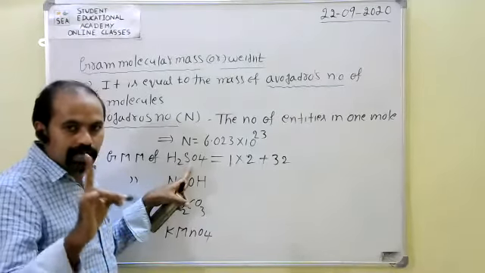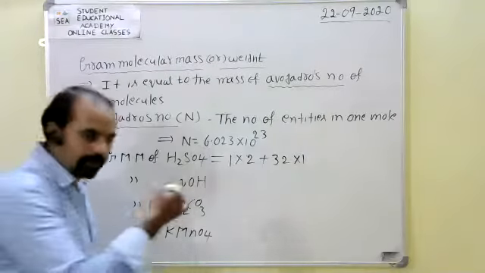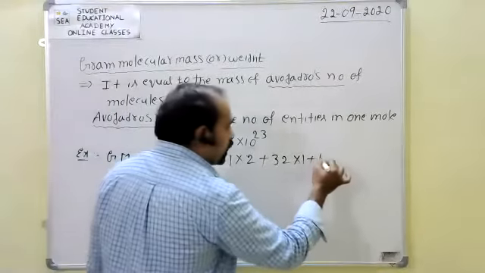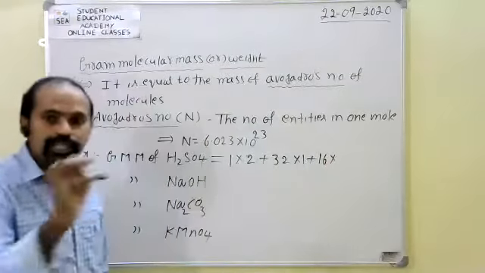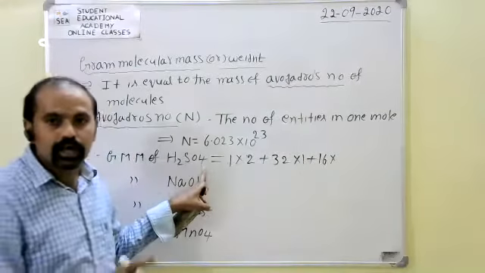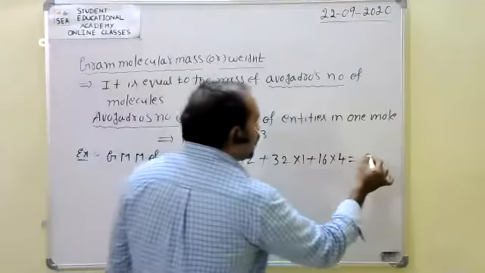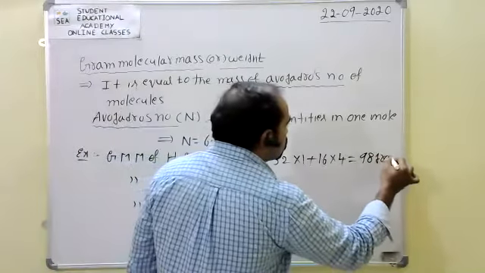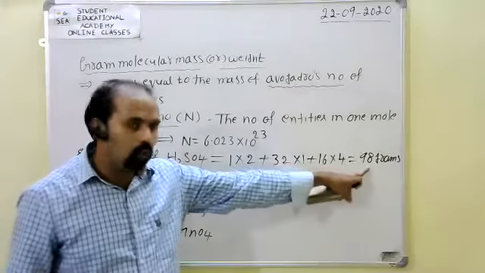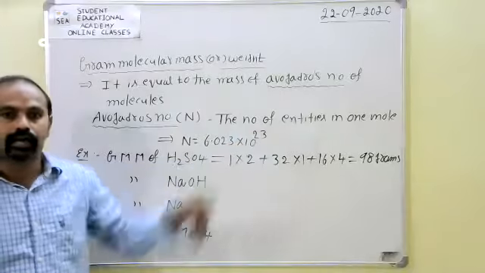Here total number of sulfurs, how many? One only. That is nothing but atomicity. Plus oxygen atomic mass 16 into its atomicity. It is nothing but number of atoms. Number of oxygens are here 4. Okay, total that equals 98 grams. That is called gram molecular mass of sulfuric acid, 98 grams.